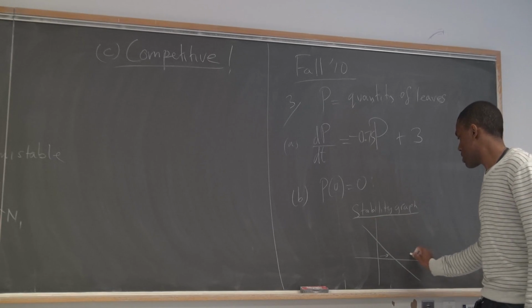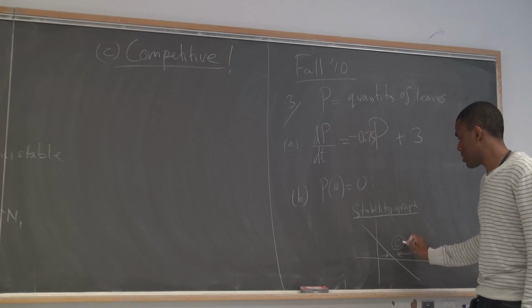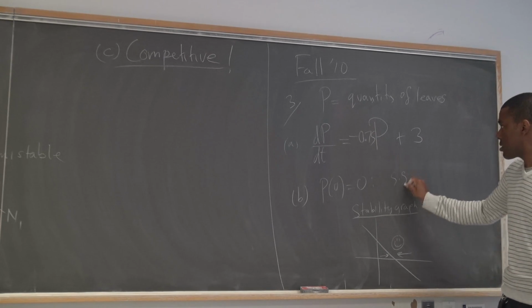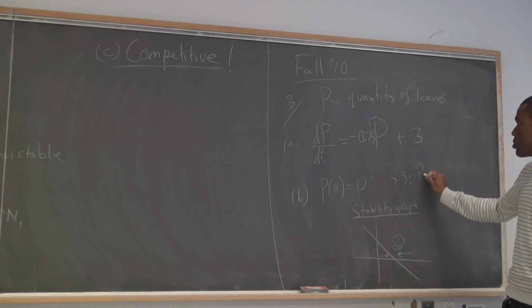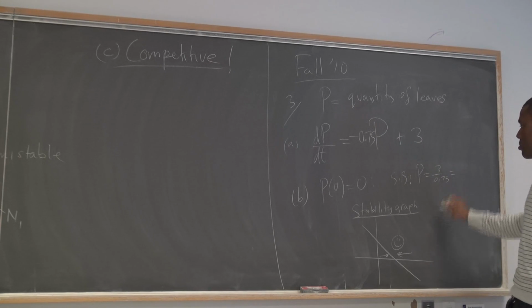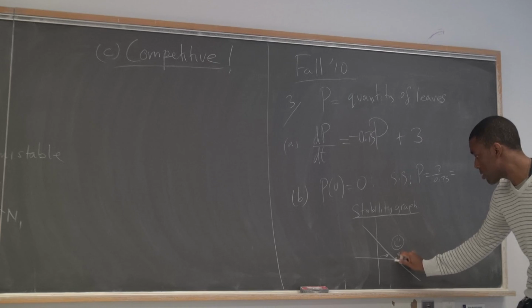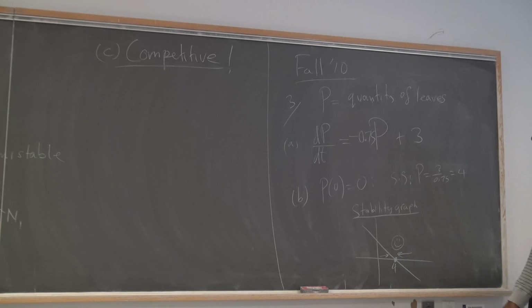This would be increasing, decreasing. This would be a stable steady state. What is the steady state? Well, you set this equal to 0 and you solve for P. P would be 3 over 0.75, and that's going to be 4. So 4 is where the steady state will happen.